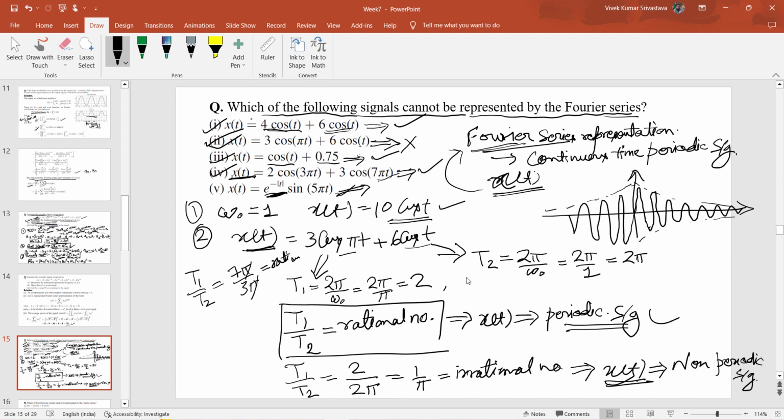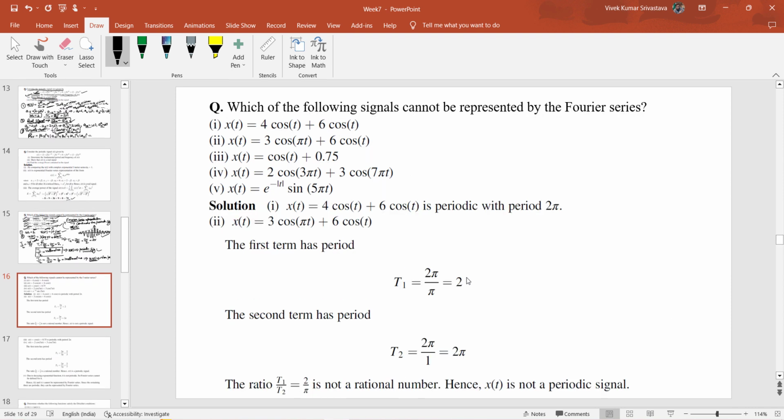This represents that this signal is not a periodic signal. Hence, we cannot determine the Fourier series corresponding to this signal, that is e raised to the power mod of t sine of 5 pi t. So that is how we can check whether we can determine the Fourier series corresponding to a signal or not.